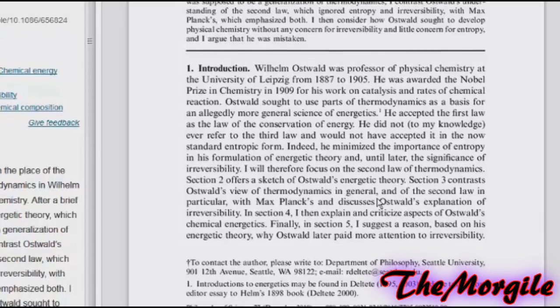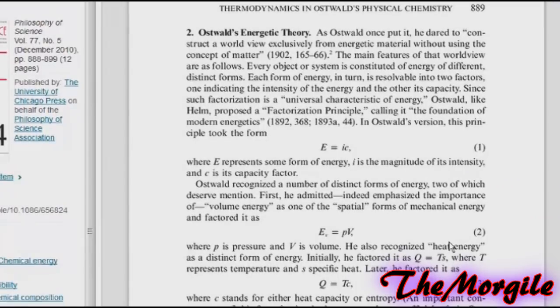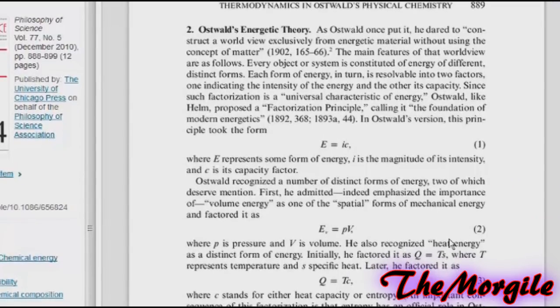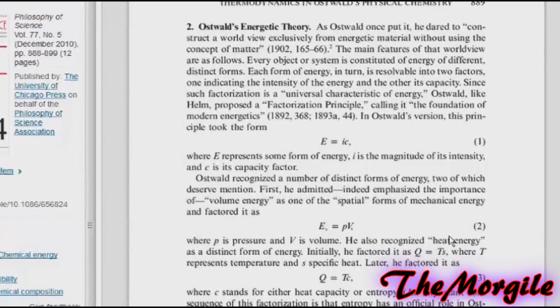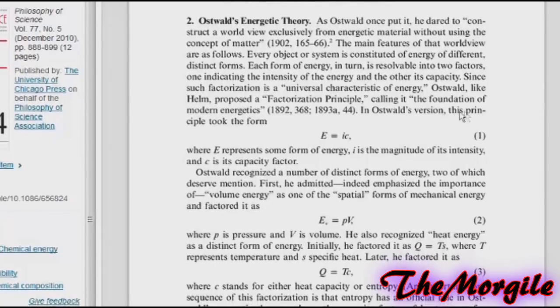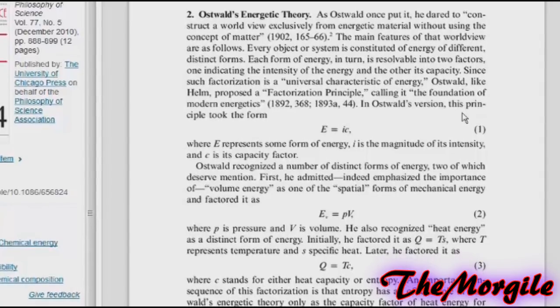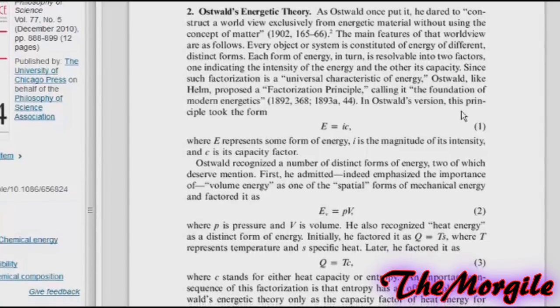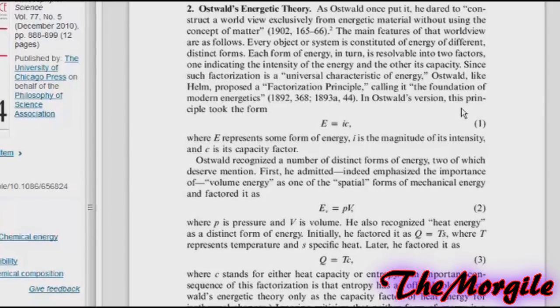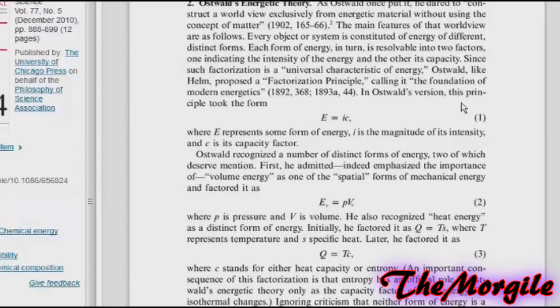Section 2 offers a sketch of Ostwald's energetic theory. Ostwald once put it, he dared to, quote, construct a worldview exclusively from energetic material without using the concept of matter, end quote. The main features of that worldview are as follows. Every object or system is constituted of energy of different, distinct forms.